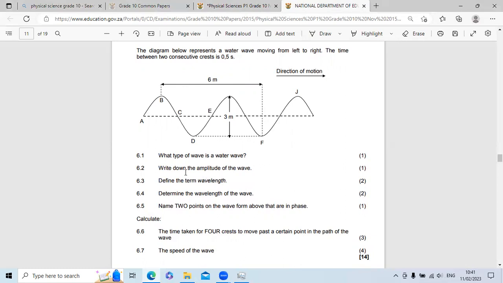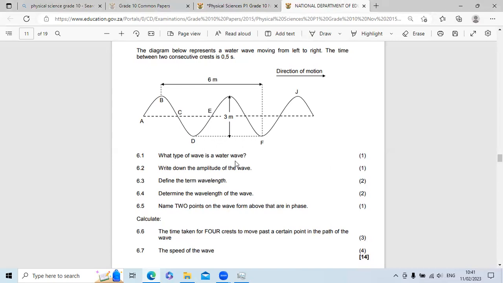The very first question they ask is what type of wave this is.